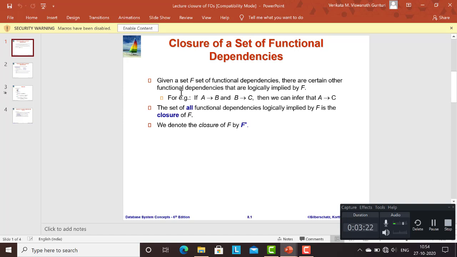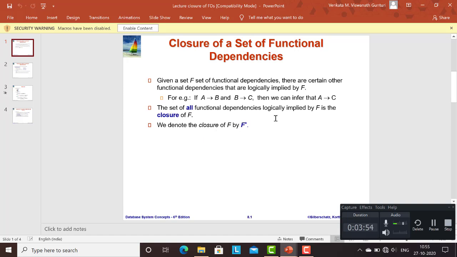So let's say that you are given a set of functional dependencies F, and you want to infer other functional dependencies, right? So let's say if you have A implies B and B implies C, then we can infer that A also implies C. This is coming from your transitivity rule, right? And then we have another definition called F plus, or closure.